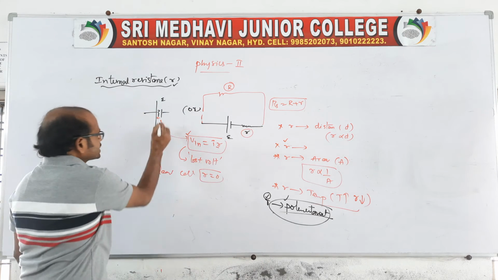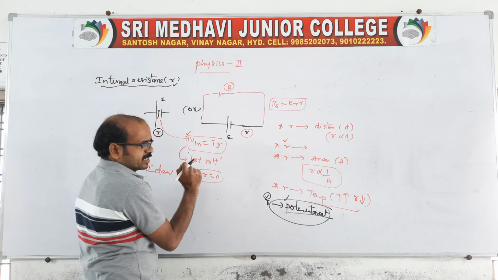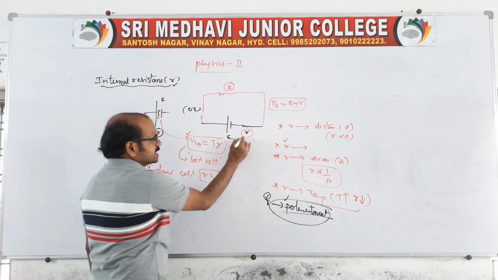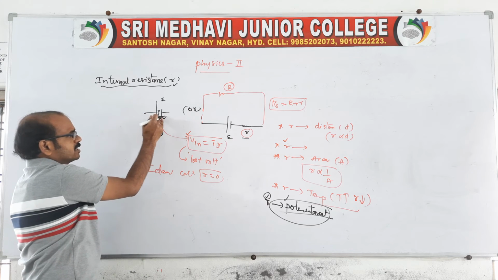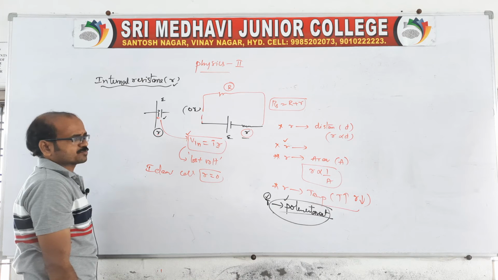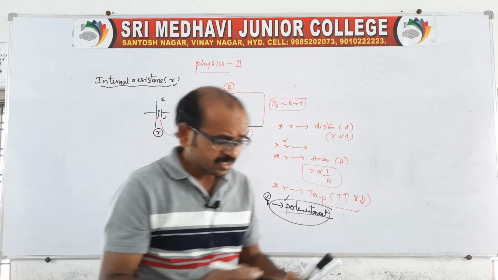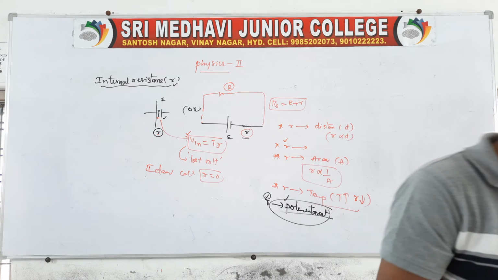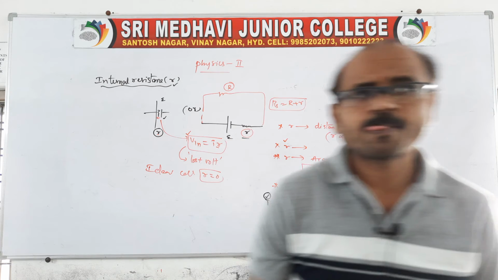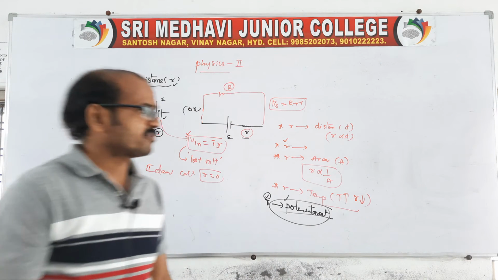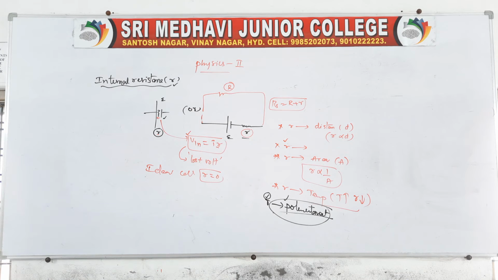Sometimes they may show it inside, sometimes outside the cell like this. If they show it outside, you still call it the internal resistance, small r. Like this way we have internal resistance and related things. Clear? So one is the EMF of a cell and one more is the internal resistance of the cell.